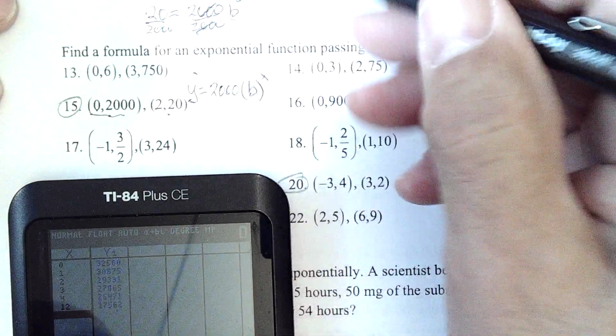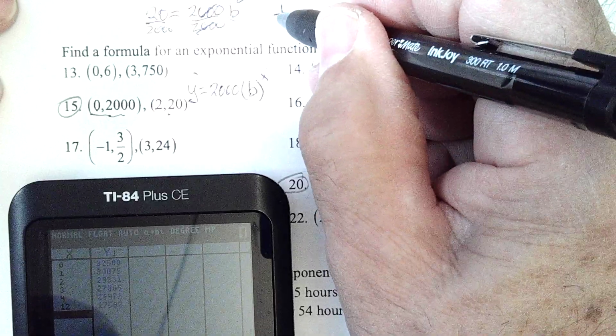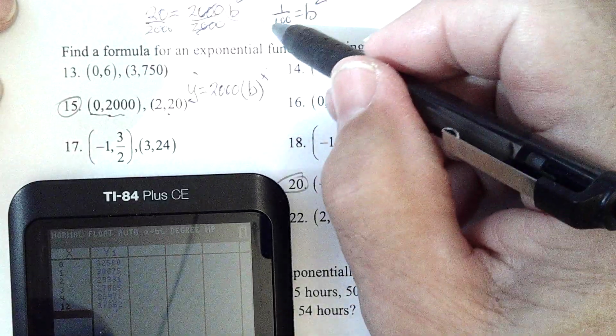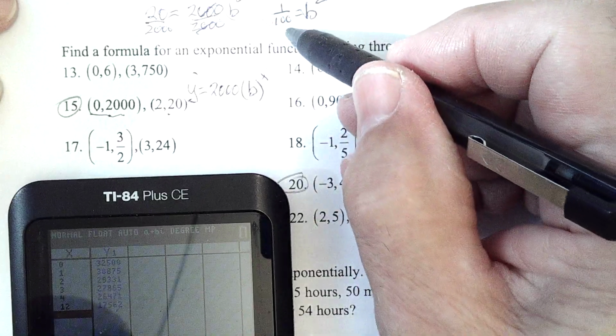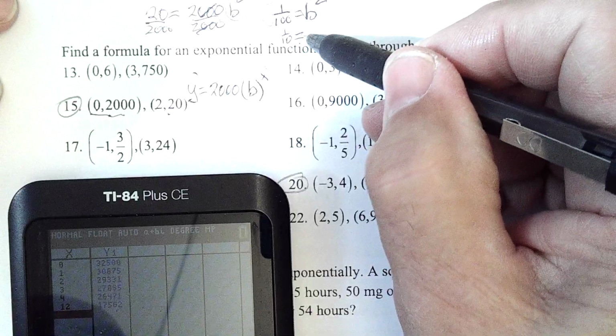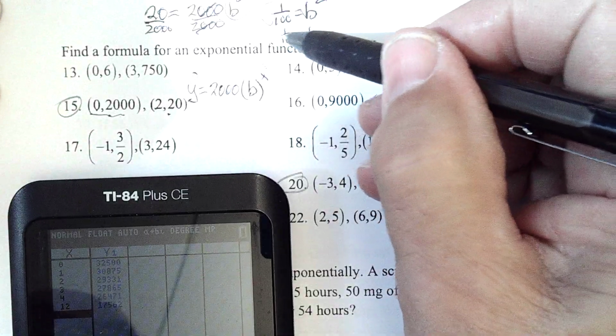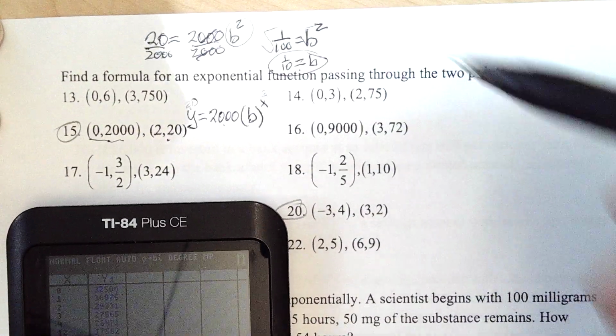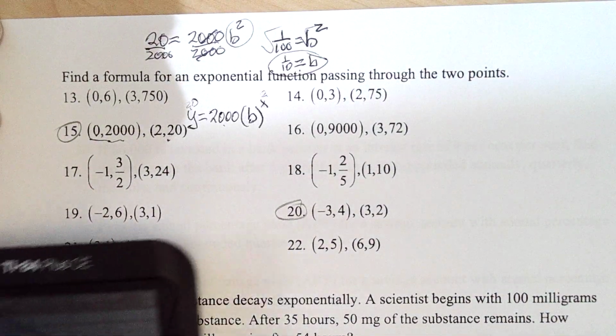And 20 divided by 2,000 is 1/100th is b squared. So if I take the square root, I get 1/10, and it would normally be plus or minus, but as I've talked about before, in exponentials, we only want to do positive bases. So I'm going to use 1/10.